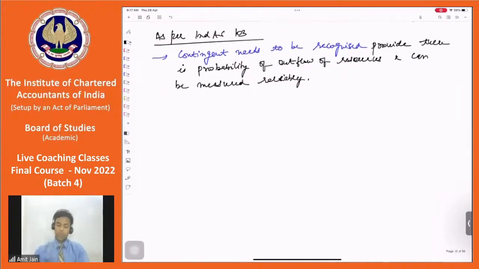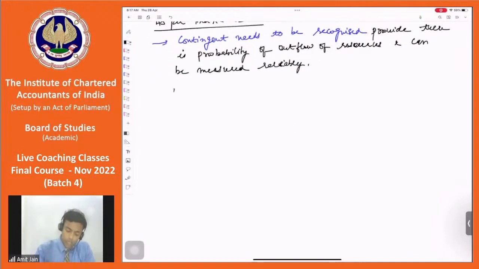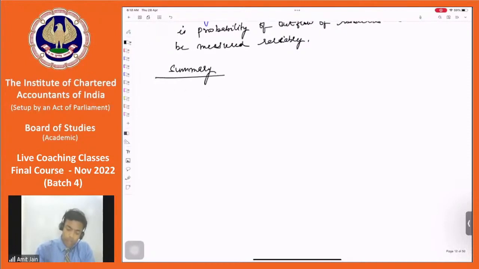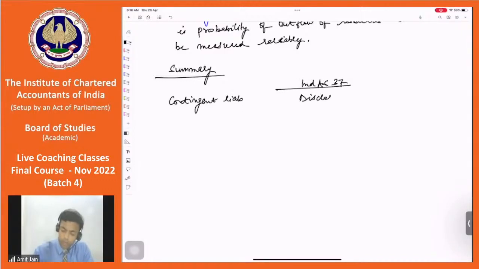Right? So in simple sense, what is the summary of this? Contingent liability: Ind AS 37, disclosed and not recognized, right?